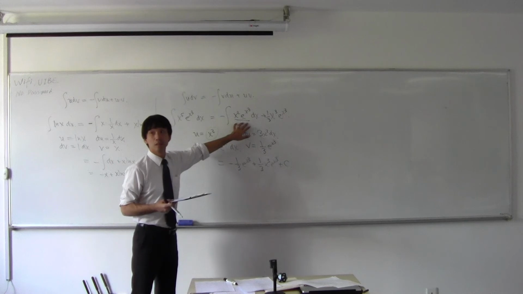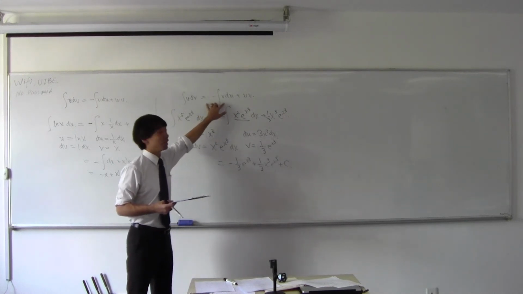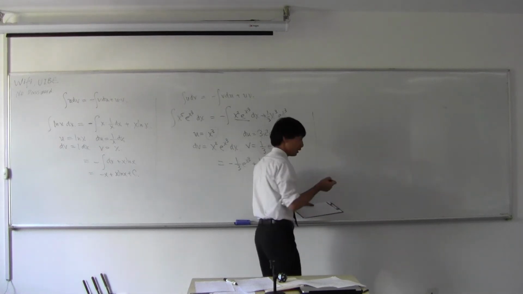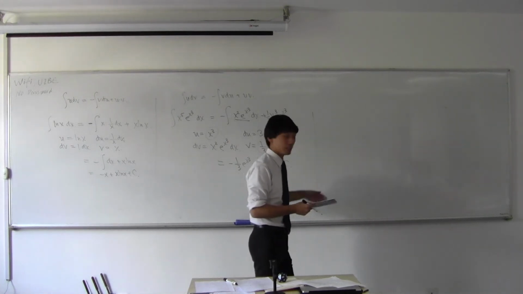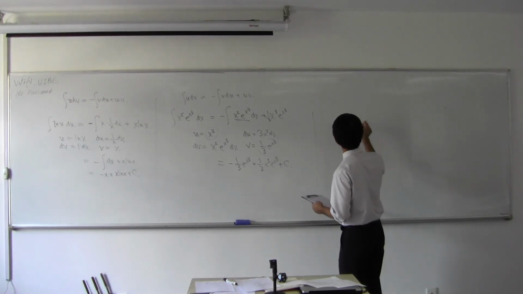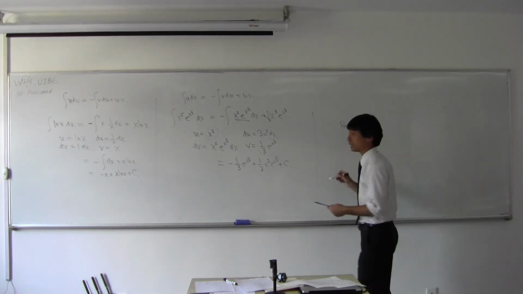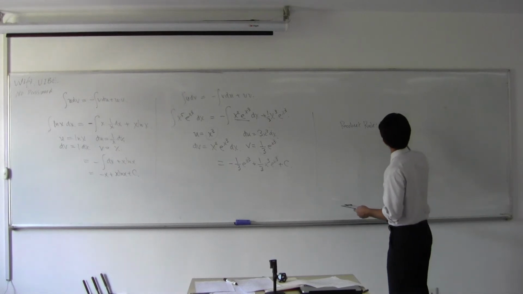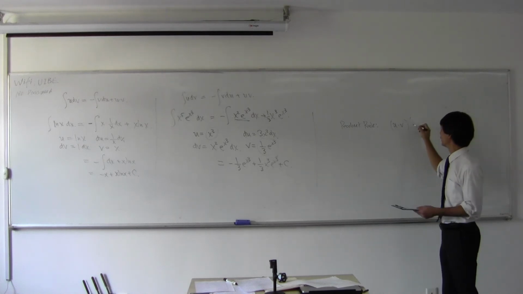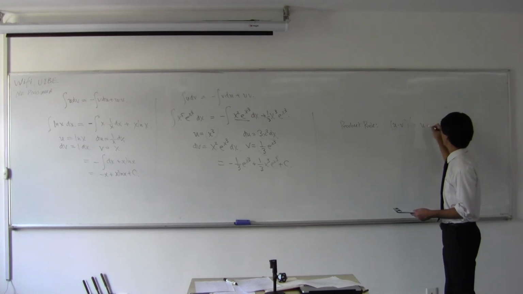Yes? I don't understand how you got the equation on the top. This one? It's actually just the product rule. So remember, if I have u times v and I differentiate it, what do you get? Well, you get u prime times v plus u times v prime.